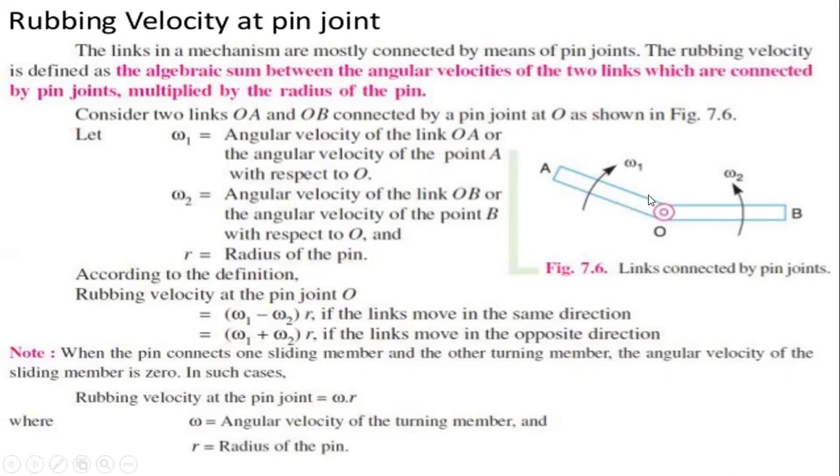So that is the common definition for the rubbing velocity. It is defined as the sum of the angular velocities of two links. Here the link AO has one angular velocity and the link BO has another, and they are connected at the pin joint O. The pin joint has some radius, so we multiply by the radius of the pin.